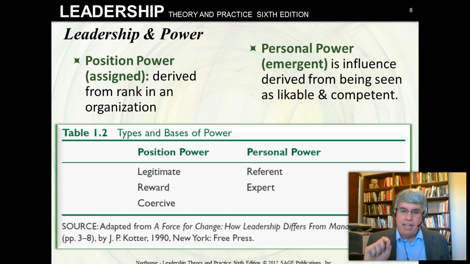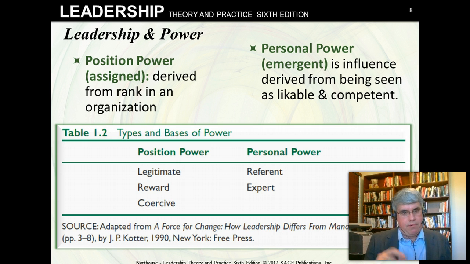Now, it's a lot easier to change concerning personal power. If you want to be more of a leader, it's easier to change your personal power, your referent power, your ability to influence people because they like you, and your expert power, the ability to influence people because you're an expert, than it is to get different legitimate power, different reward power, different coercive power that comes from your rank in the association.